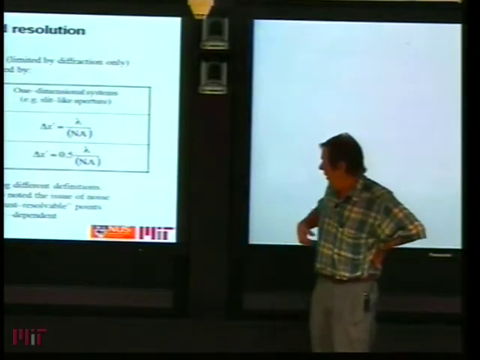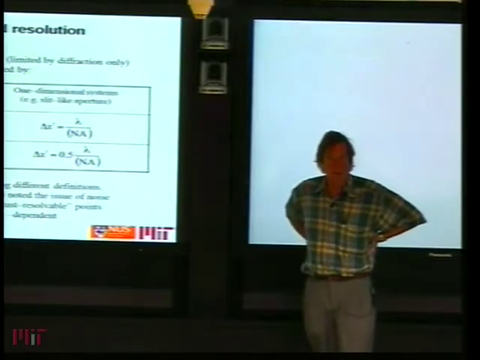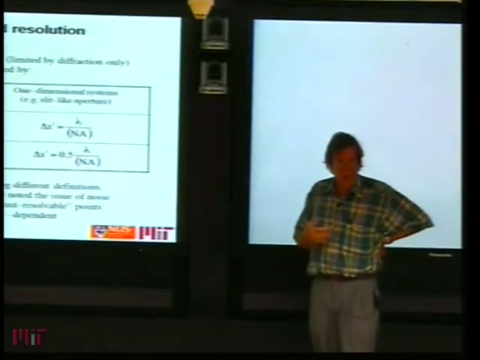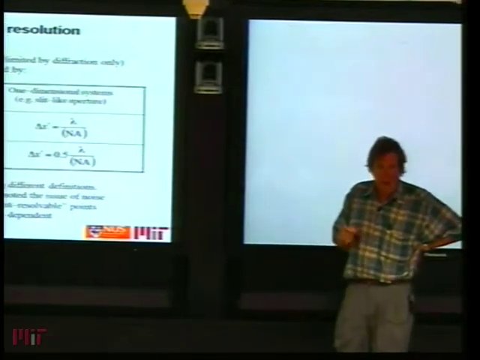It very much depends on the actual system and what you're trying to measure. You can come up with lots of different resolution criteria for different shaped objects, and the comparison of different systems doesn't always give the same answers according to what you choose. So beware, there's not one answer to this question of resolution.